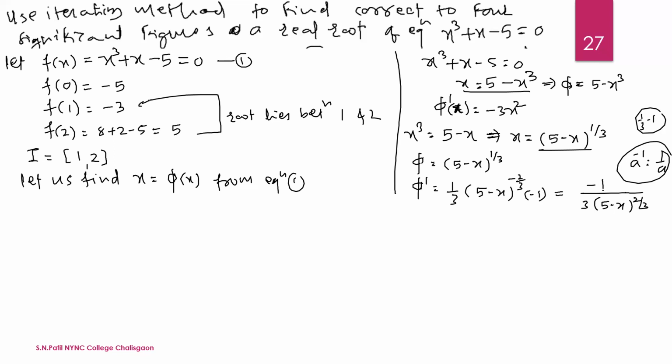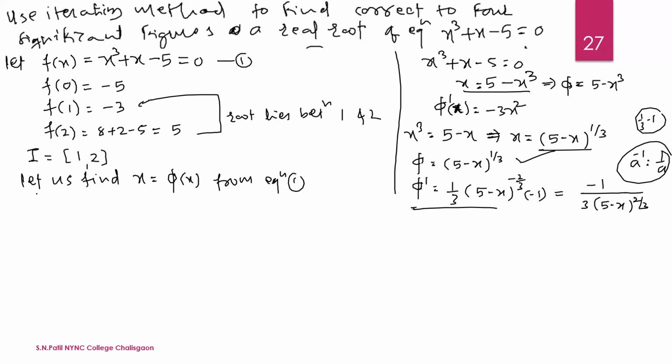The denominator is larger than the numerator. Okay, and when we take its magnitude, definitely we get less than 1. When we put the highest value, 5 minus 2, that is 3, take its square and then 1/3 power, into 3. Okay, and when we take its mod, then we get less than 1. So this is the correct value for the phi function.